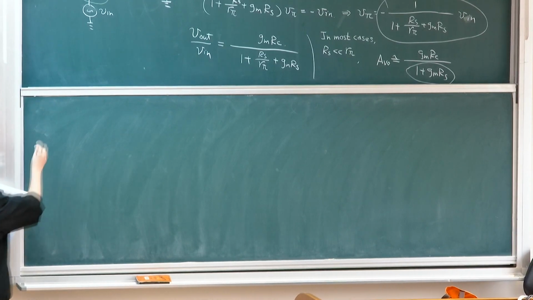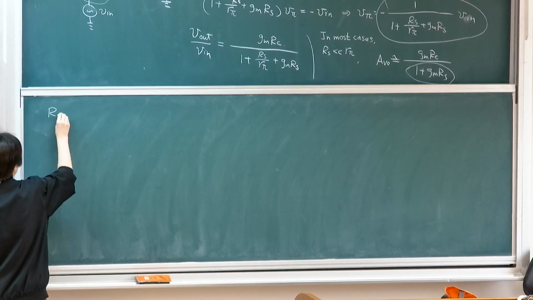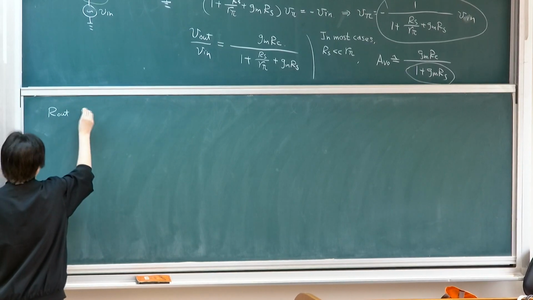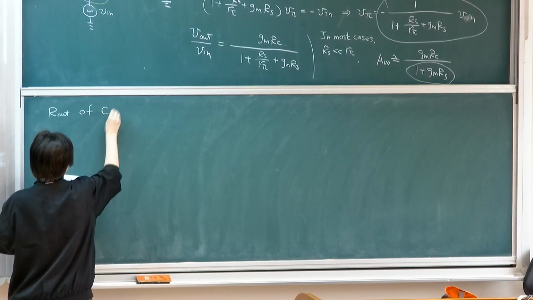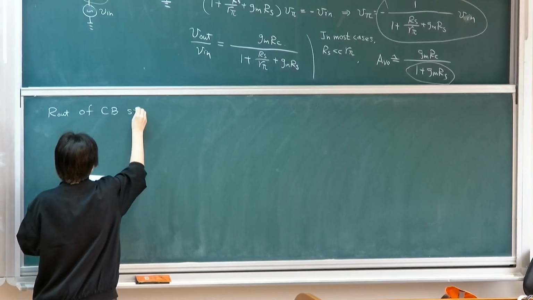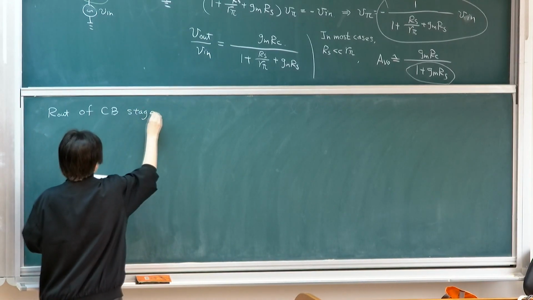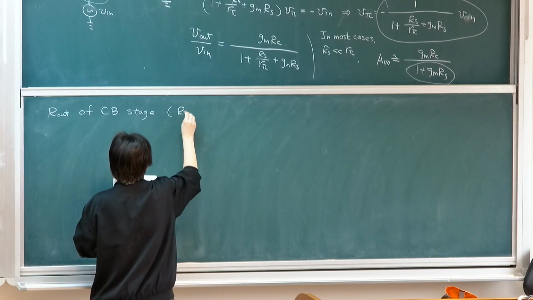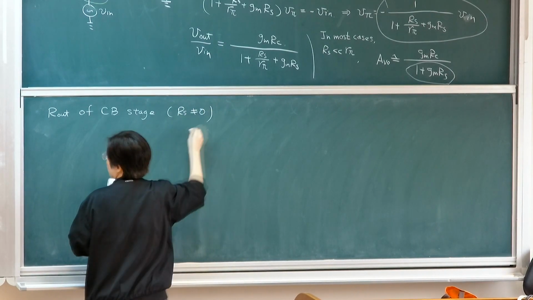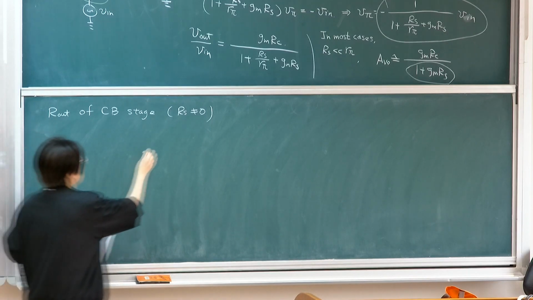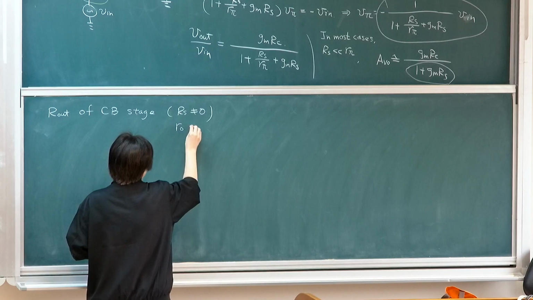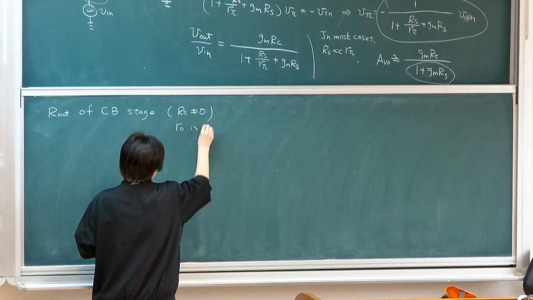So let's think about it. If I want to talk about R out of a common base stage with finite RS, with RS not equal to 0. In the previous case, we assumed that RS equals 0. Now we assume that RS does not equal 0 and RO is finite.